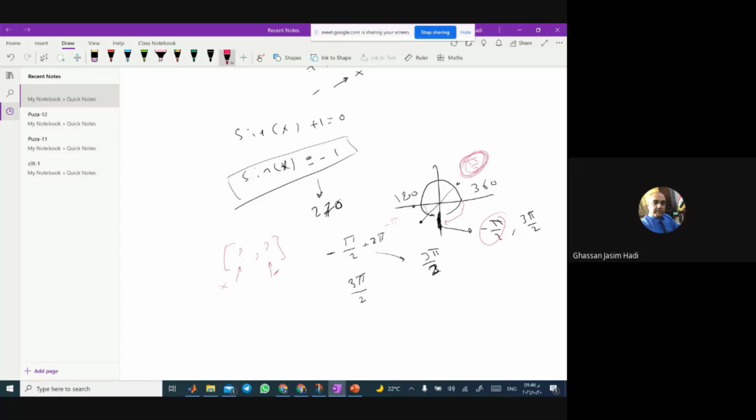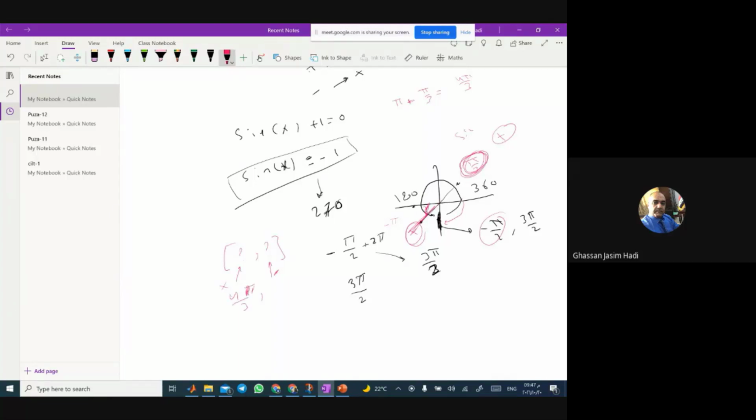Here we have the sign of sine, it's positive, and here negative. We need here, for example, pi plus pi over 3. This will be 4 pi over 3. Let's take 4 pi over 3.